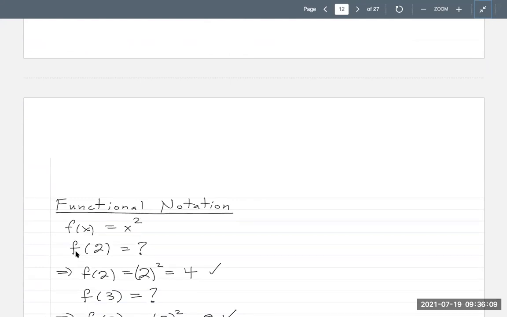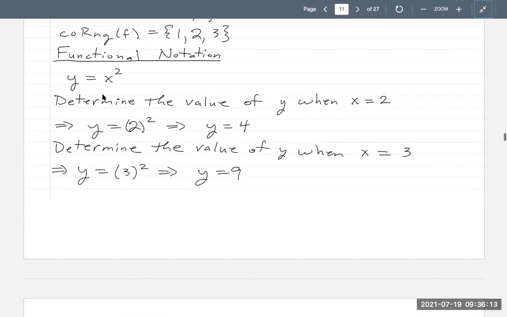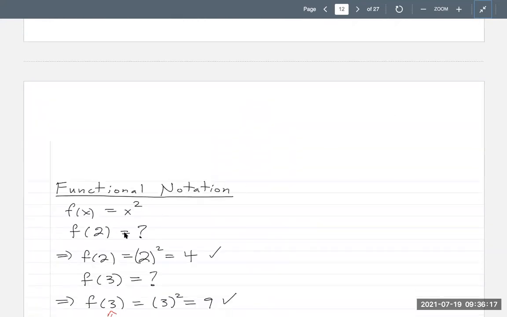I want to determine f at 2, meaning determine the value of y when x is 2. So this is obviously much shorter to actually write. Wherever I see an x, I replace x here by 2.